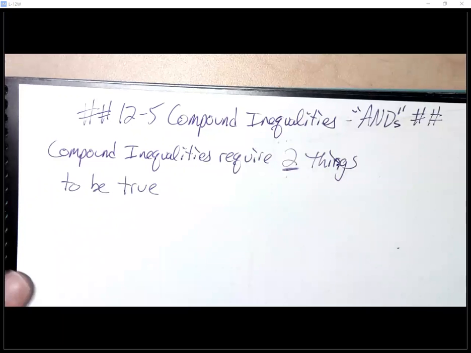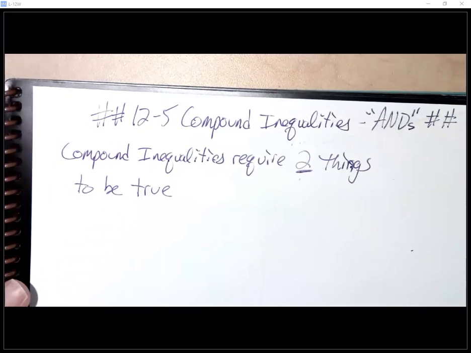Compound inequalities require two things to be true.